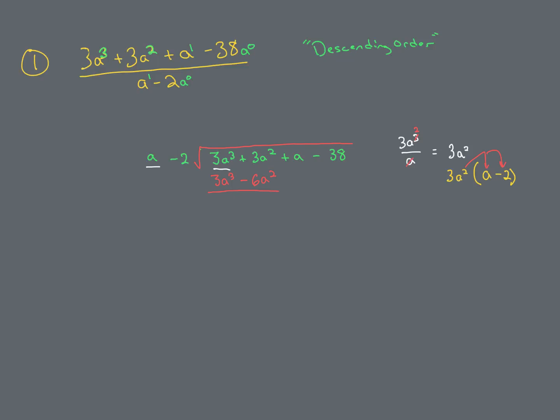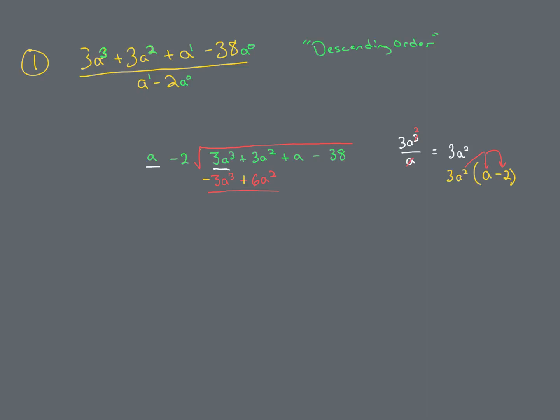So we're subtracting this entire thing here, which means that the signs are going to change. If we subtract the 3a to the third, that becomes negative 3a to the third. If we subtract this negative 6a to the second, subtracting a negative just makes it positive.